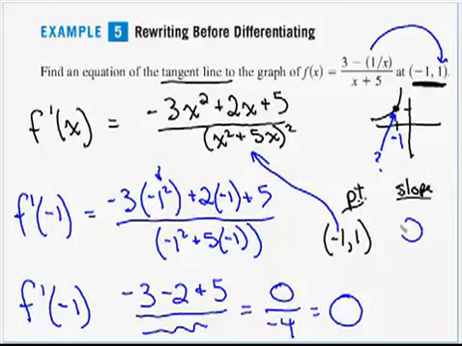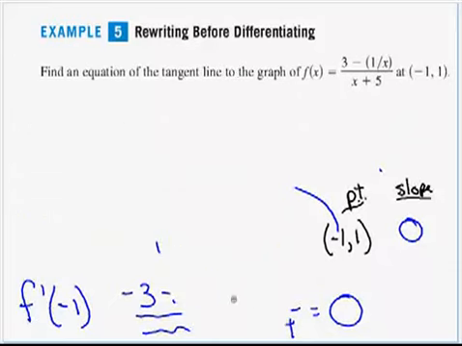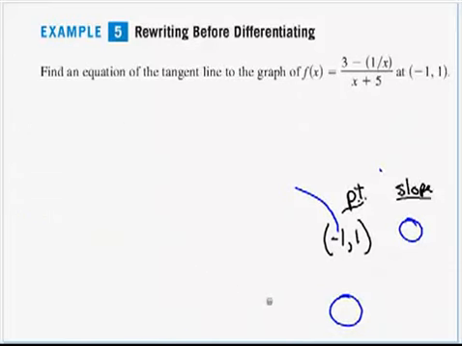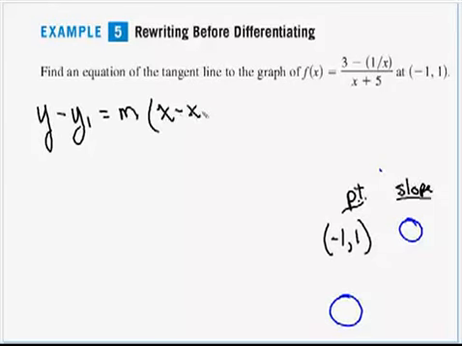So we have our point, we have our slope, and we can write the equation of the tangent line. Now, if you can't see what this is going to look like intuitively, we can just go back and do this piece by piece. Our equation: y minus y sub 1 equals m times the quantity x minus x sub 1.